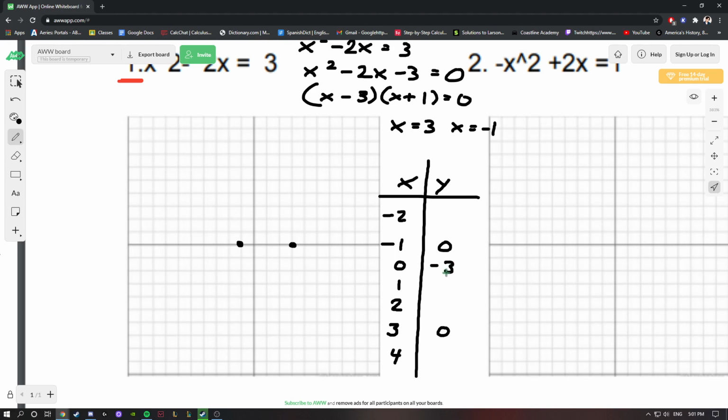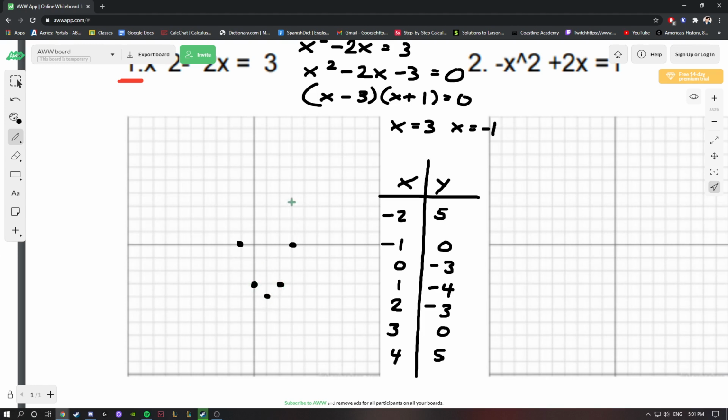So this will be -3. This is going to be -2 times 2, -4. This is going to be -3. And 4 will be 5, I think. 5. So we have 0, comma, -3.